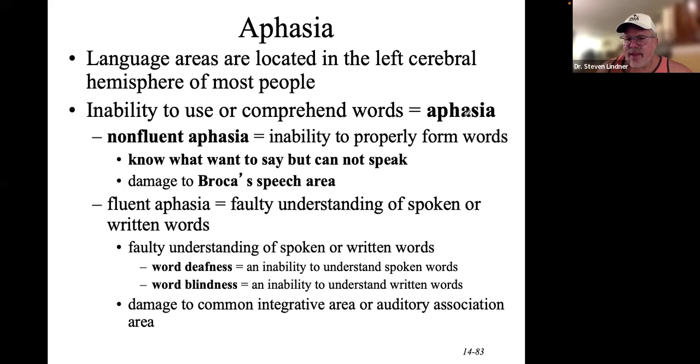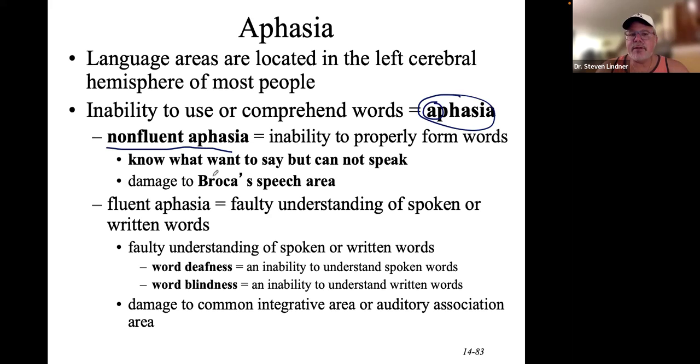The term aphasia that I mentioned before, this term aphasia, a means without. So there's different types of aphasia. One of them is called non-fluent aphasia, and this is the inability to properly form words. Okay, you know what you want to say, you just can't say it.